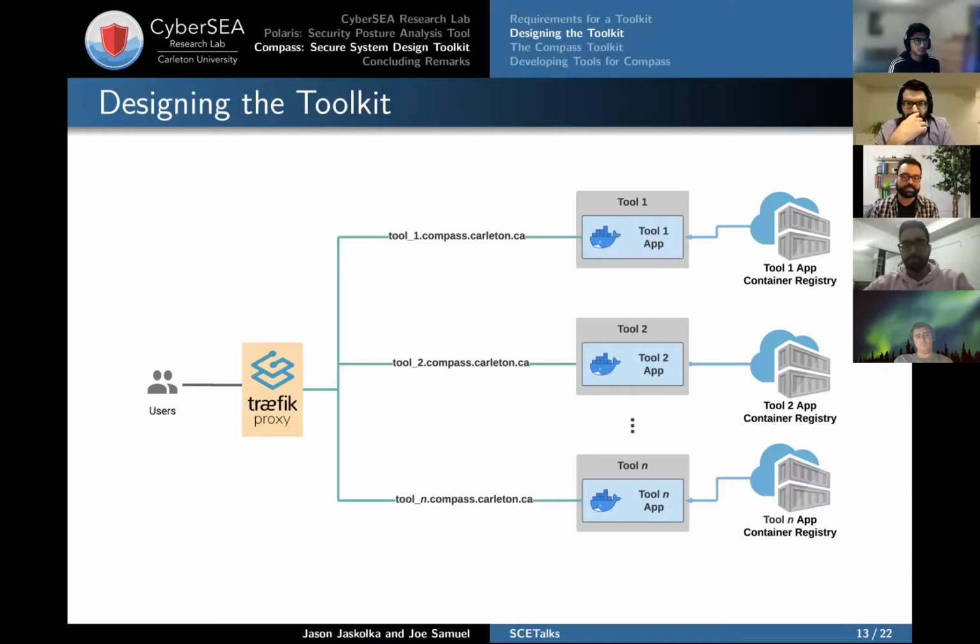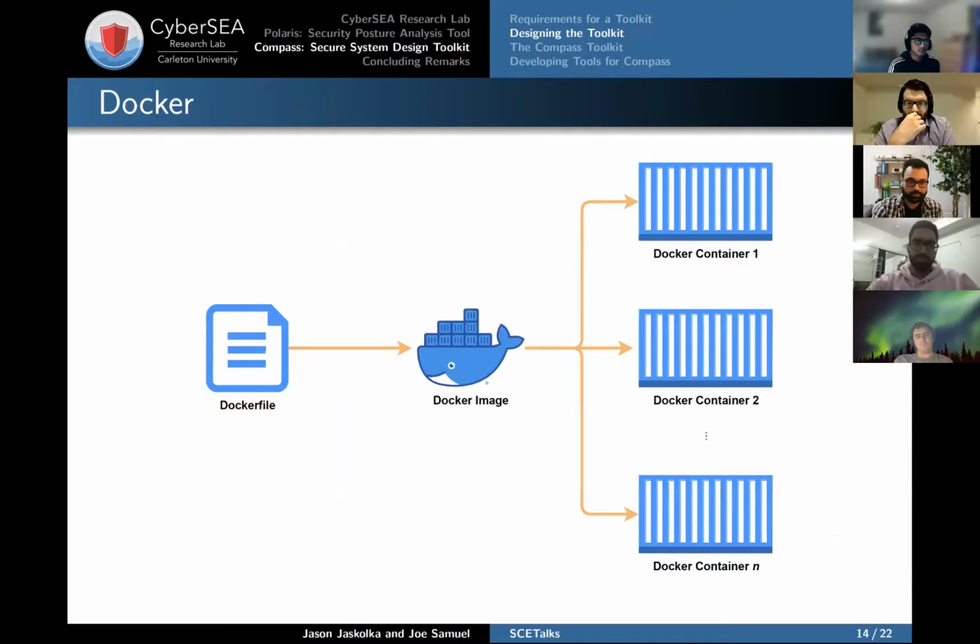But behind the scenes, these things can be spun up and spun down, which makes it very easy to satisfy the requirement of supporting heterogeneous tools and scalable deployment. So we'll go into detail on each of these mechanisms that are core to making this toolkit functional.